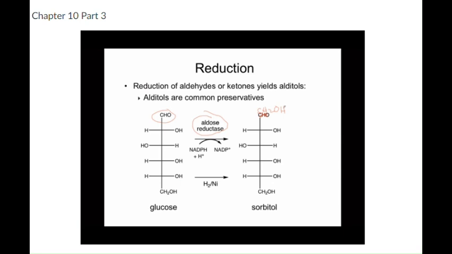Generally, sorbitol is made in an industrial situation using hydrogen and a nickel catalyst, relatively high pressure hydrogen. Basically, you simply take glucose, you reduce it to sorbitol, and then you've got all sorts of sorbitol to add to whatever products you feel are enhanced by adding sorbitol to it.